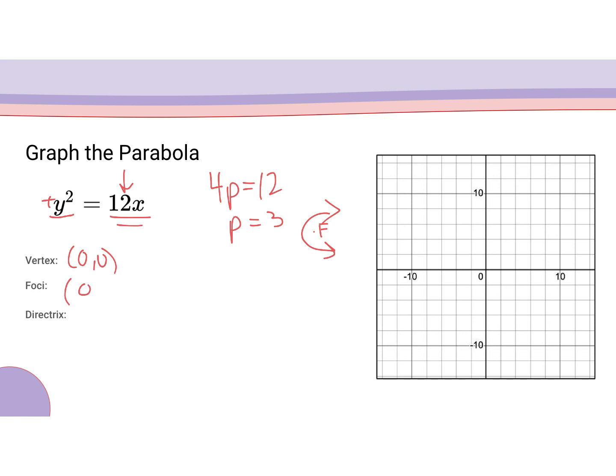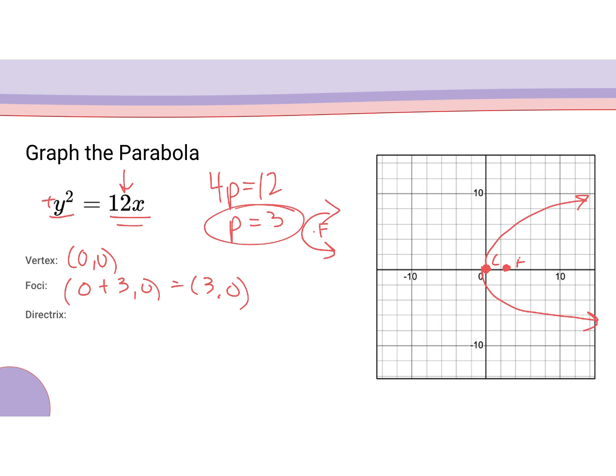I take my vertex and add 3, and the reason I'm choosing 3 is because that's the value for p. Here is my focus, and here is my center. That's really enough to sketch my parabola. The last thing I want is the directrix, which goes the opposite direction.